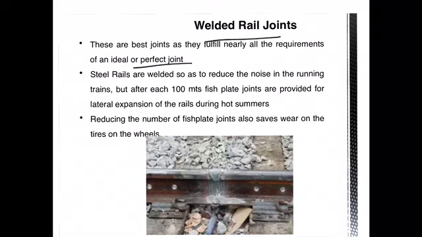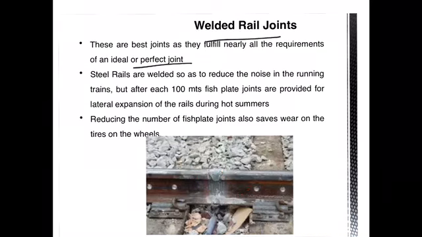But after 100 meters of the welded rail, one fish plate joint needs to be provided. That will be provided to give a sufficient expansion gap for the change in temperature. And also by reducing the number of fish plate joints, we can also save the wear on the tires of the wheels. Here in the picture we can see how the joints have been welded.